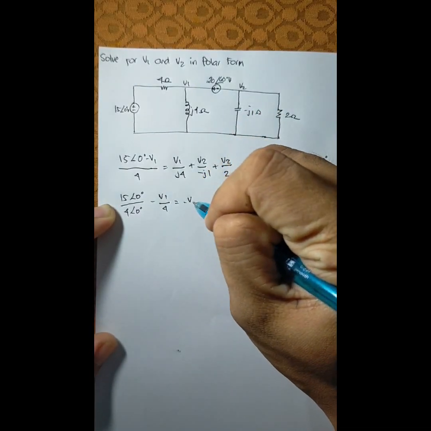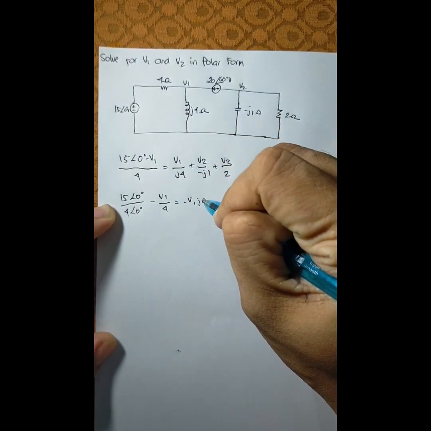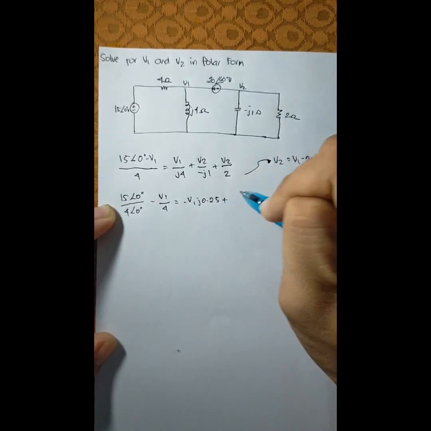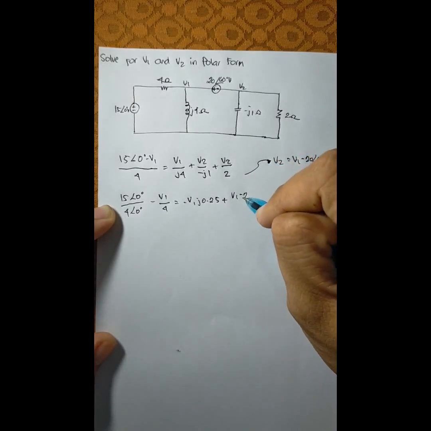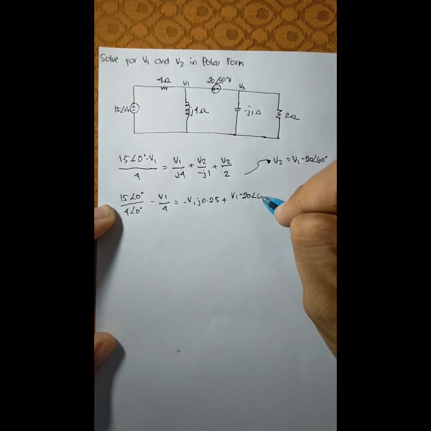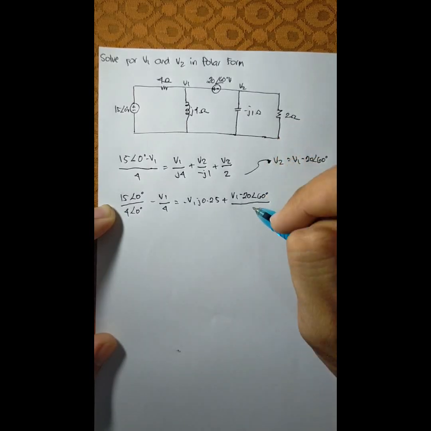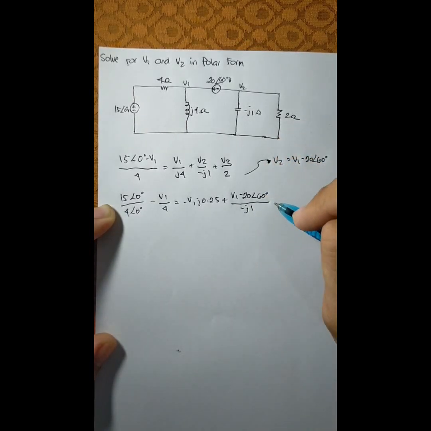equal to negative V1 j0.25 plus V1 minus 20 angle of 60 degrees over negative j1 plus V1 minus 20 angle of 60 degrees over 2.